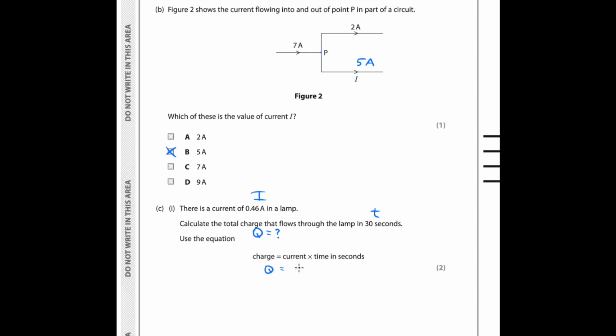So Q equals I times T. Pop the numbers in. I was 0.46 amps and the time was 30 seconds, and that comes out as 13.8 coulombs.